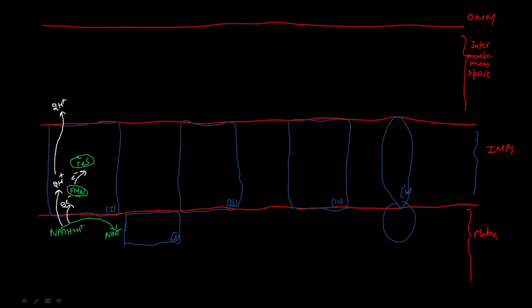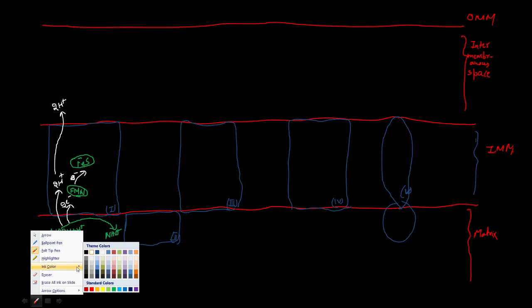Now this iron sulfur, which is a part of this first complex, is having this electron. So this whole first complex is feeling very negative, since it has all the extra electrons in it.